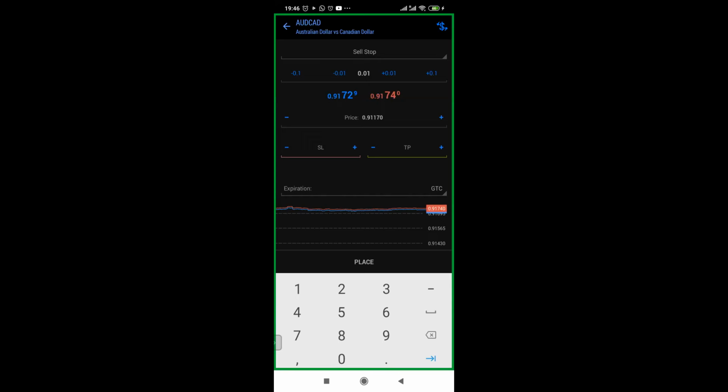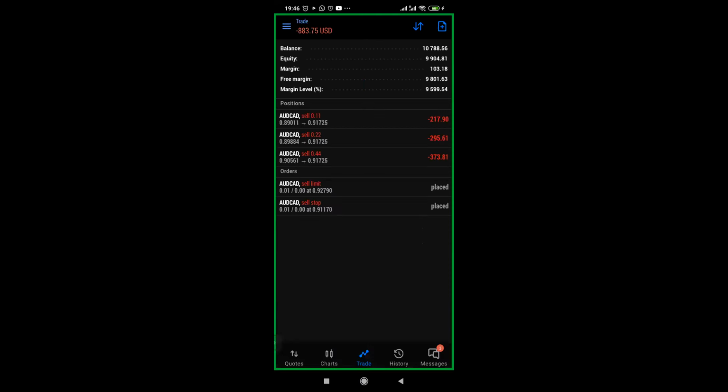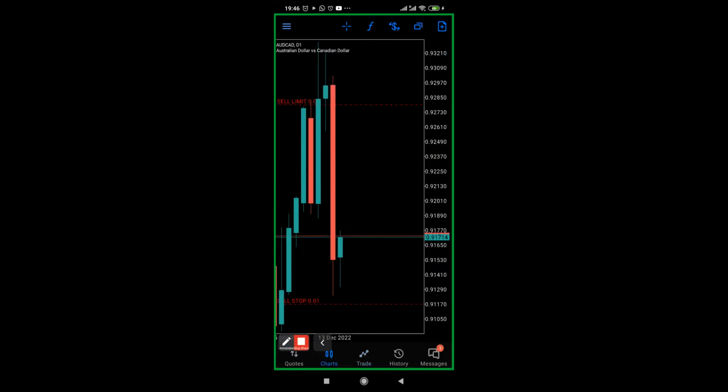Very, very important. So once you set your lot size, you set the price point for your pending order, you click on place, and then you're good to go. So that trade will also now be waiting for you, like so. So when you go to your chart, your order is waiting for you right here.